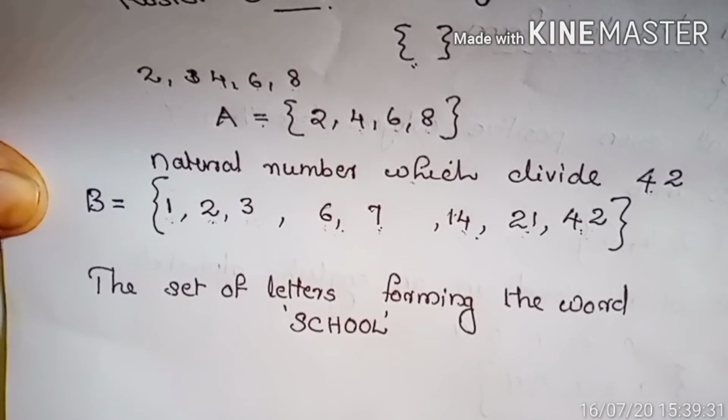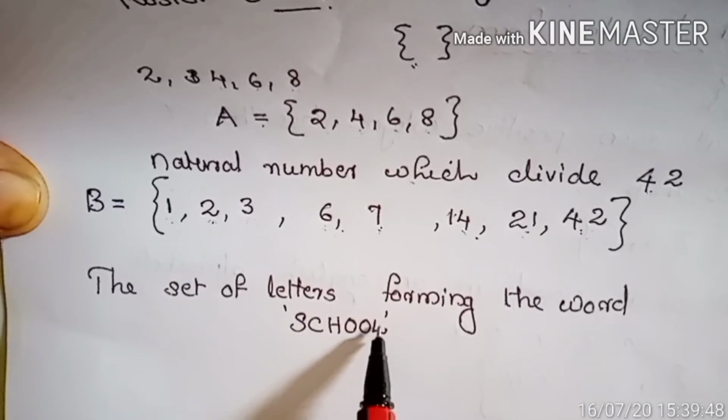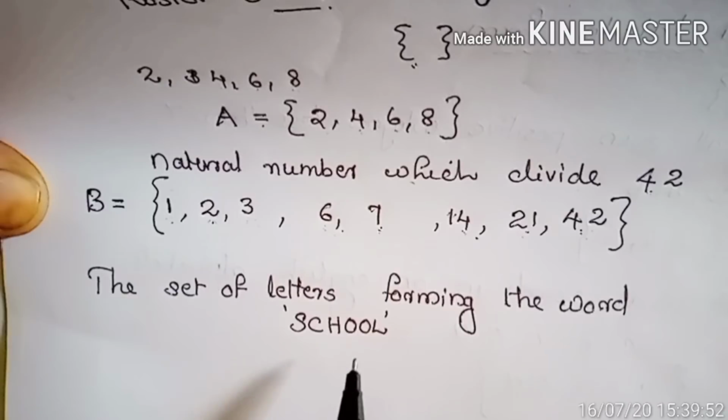It may be noted that when we represent the set in this form, the elements of the set are not repeated. That means all the elements are taken as distinct. For example, the set of all letters forming the word SCHOOL. The word is given in capital letters, so we use the elements also in capital letters, and O is repeated twice.